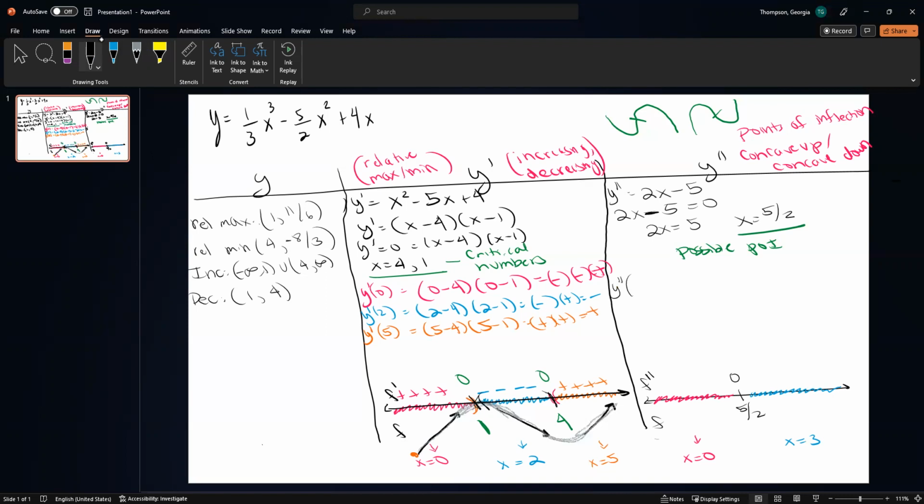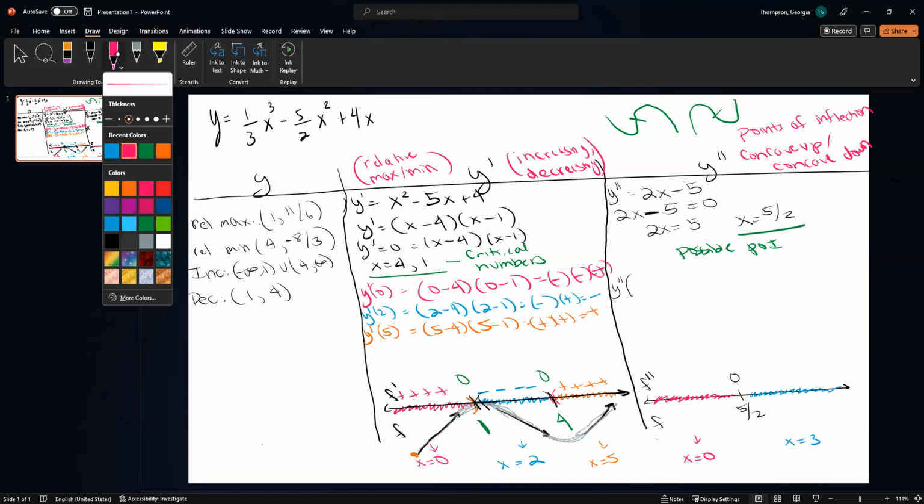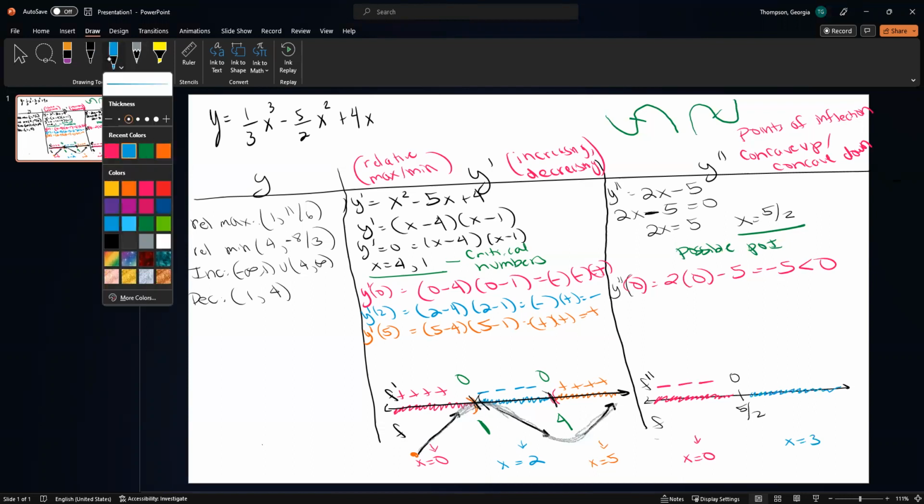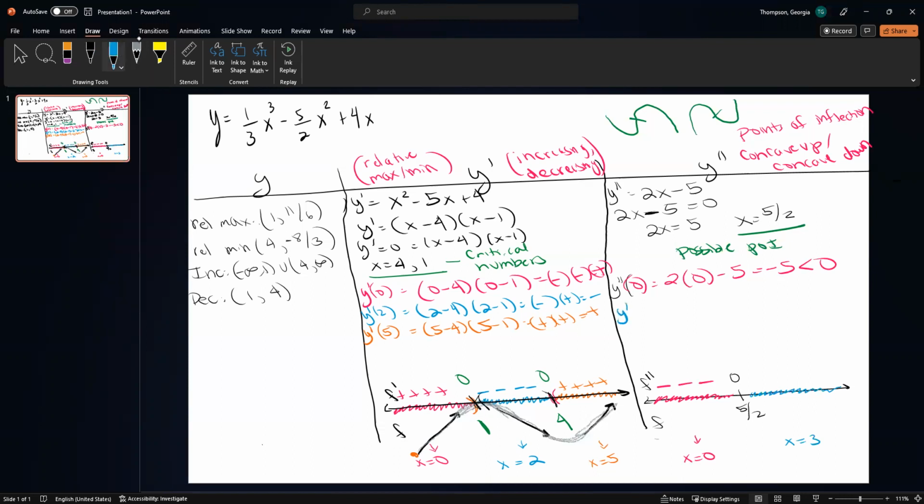If I plug in my 0 here, I just want to know what sign I get back. This will be a -5, so it'll be less than 0. So this is going to give me a negative. And now I'm going to plug in my 3 that I chose to test. That's going to give me 6 minus 5, which will give me a 1. So that's going to be positive.